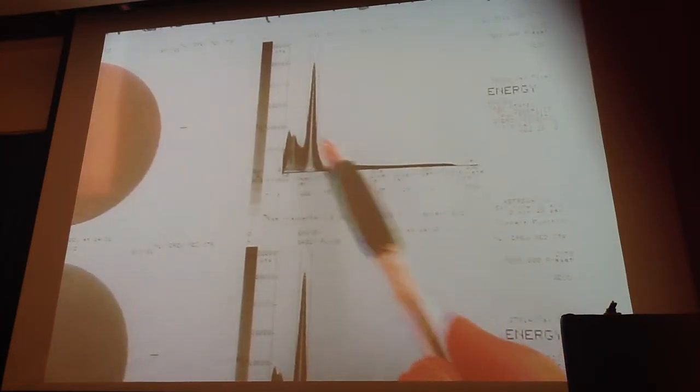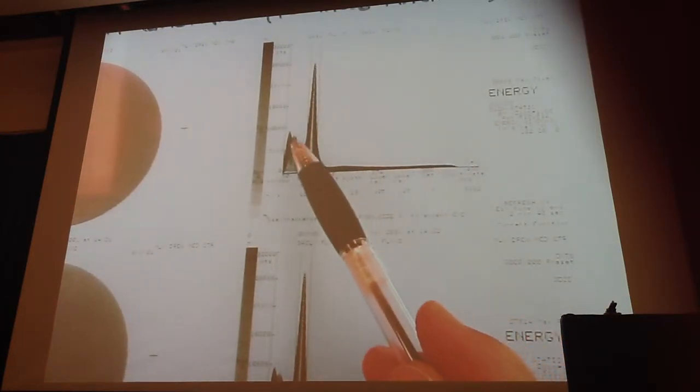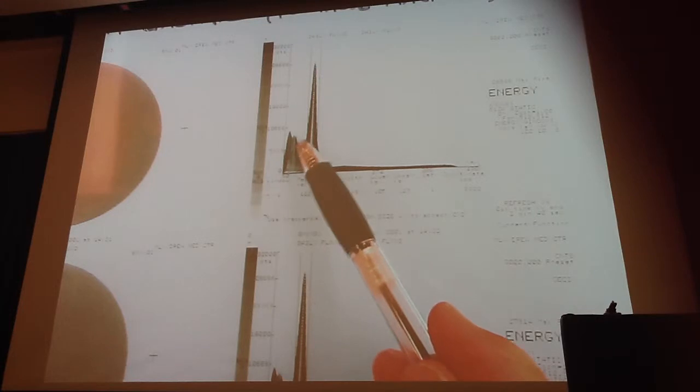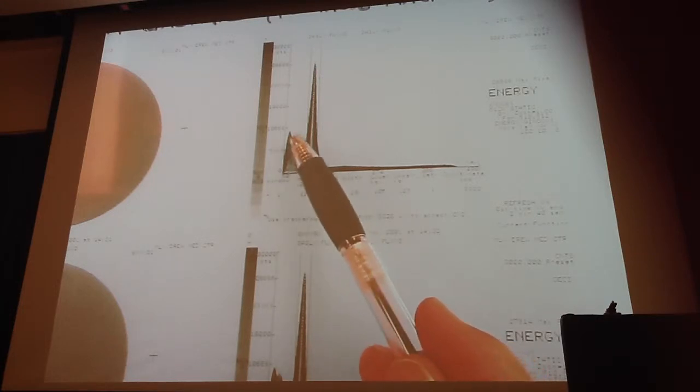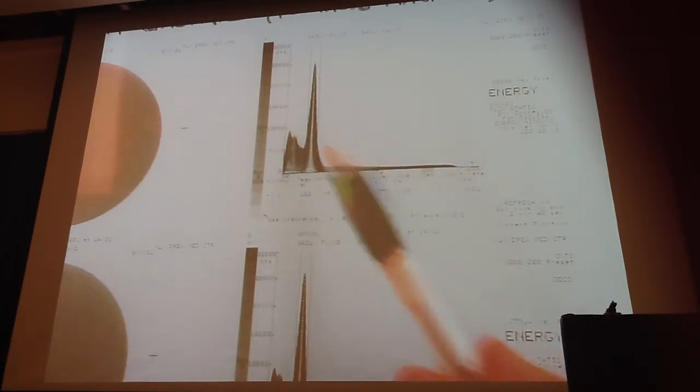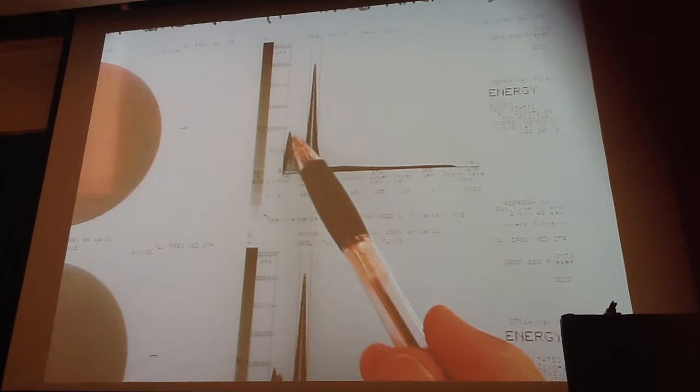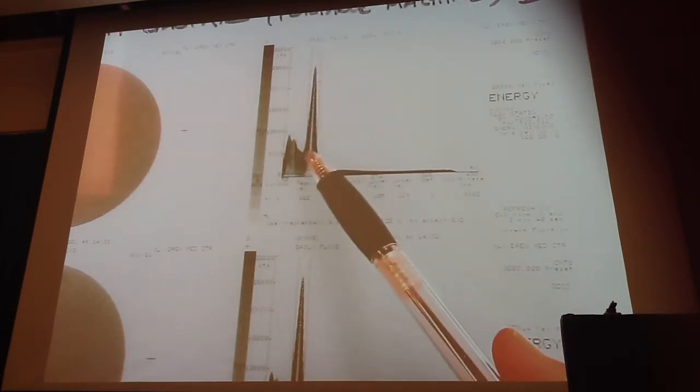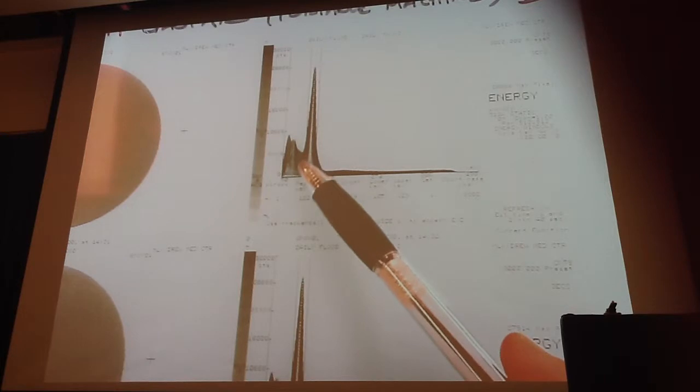Okay, so remember we have these little characteristics. Here's the Compton edge here, and then here's some X-ray characteristic peaks down here. So this is the first thing you want to do, is make sure that your window is symmetrically located around the photo peak.